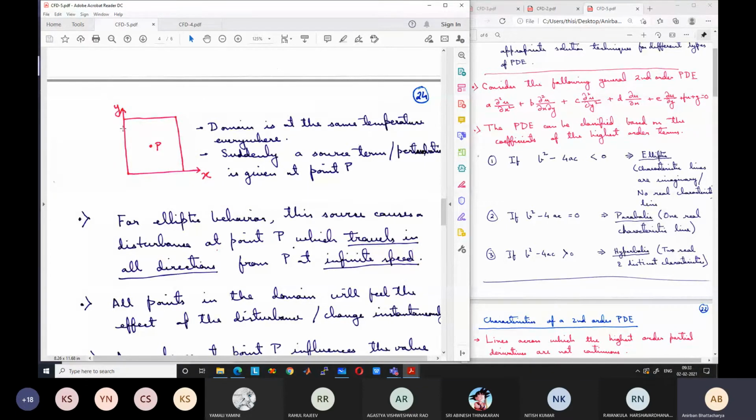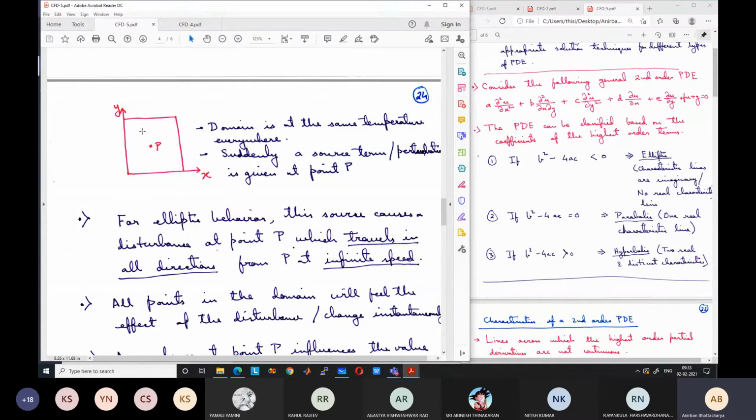It does not take any time to establish this solution. Why does it not take any time? Because this is the steady state solution. So at steady state, any change anywhere in the domain is felt all over the domain instantaneously, as if the information is traveling at infinite speed.